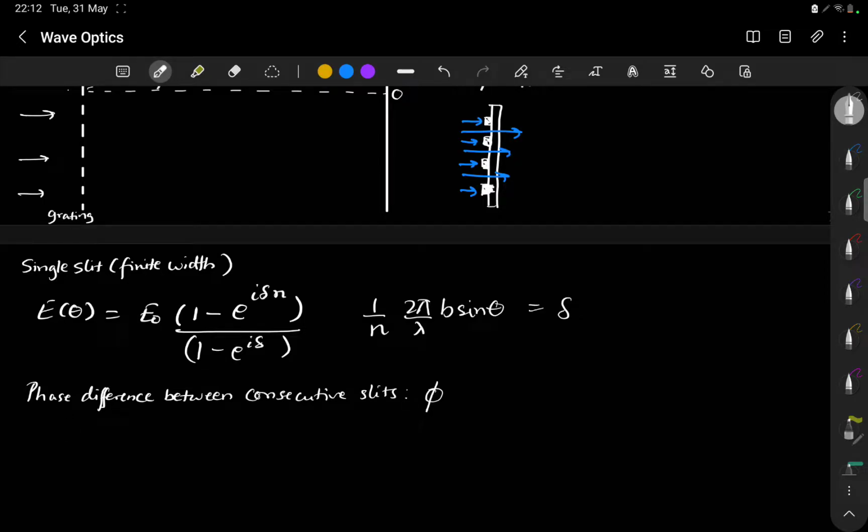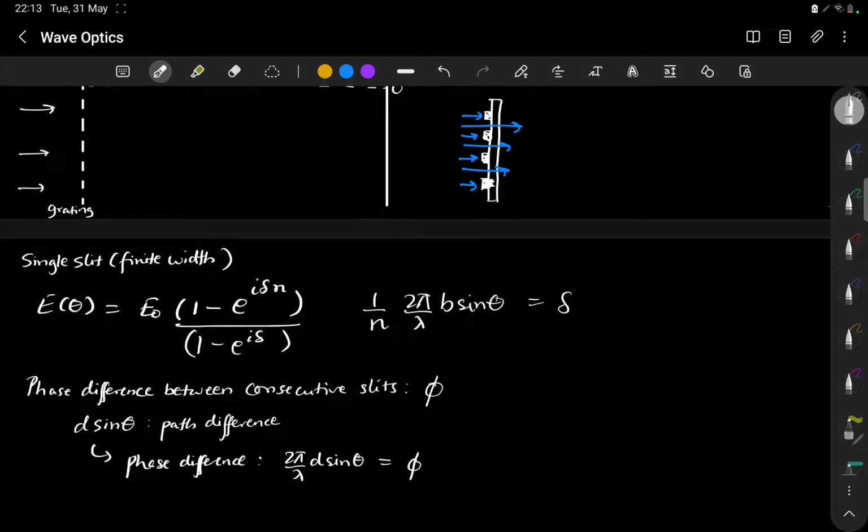let's say if you recall the double slit experiment. So in the double slit experiment, we had d sine theta as the path difference, so the corresponding phase difference will be 2 pi by lambda times d sine theta, which is equal to phi.